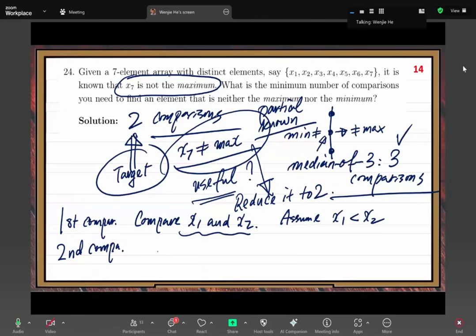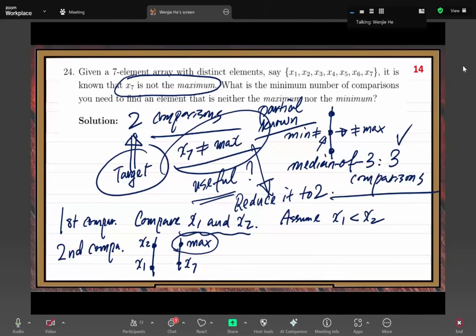When we do the second comparison, we already have x2 greater than x1. We also have the information x7 is less than max. Although this max is unknown, we know x7 must be below max.